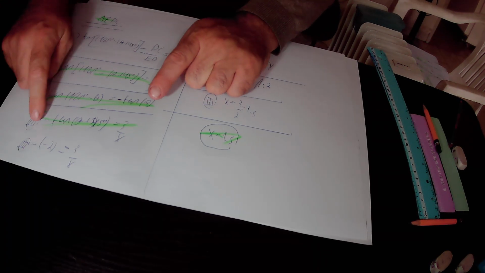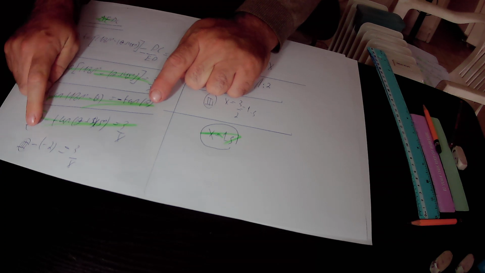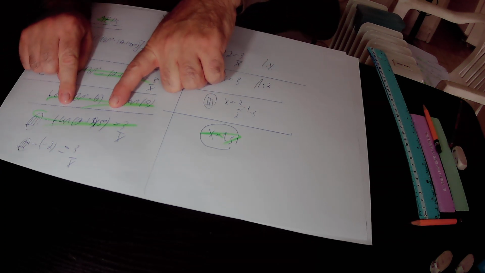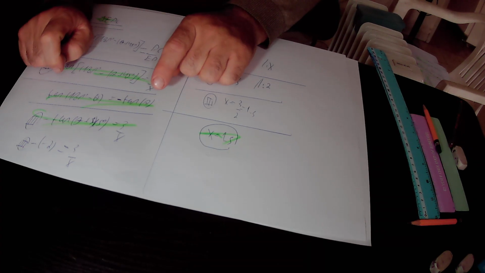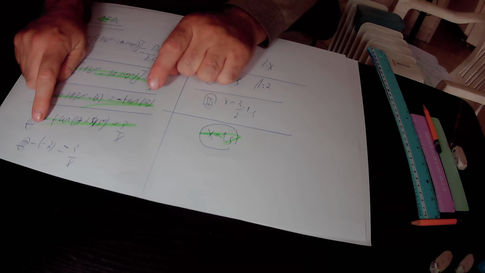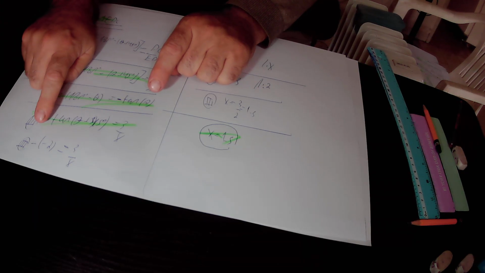So in this side of the equation, we have minus minus 2 equals 3 over X. Minus times minus is plus.